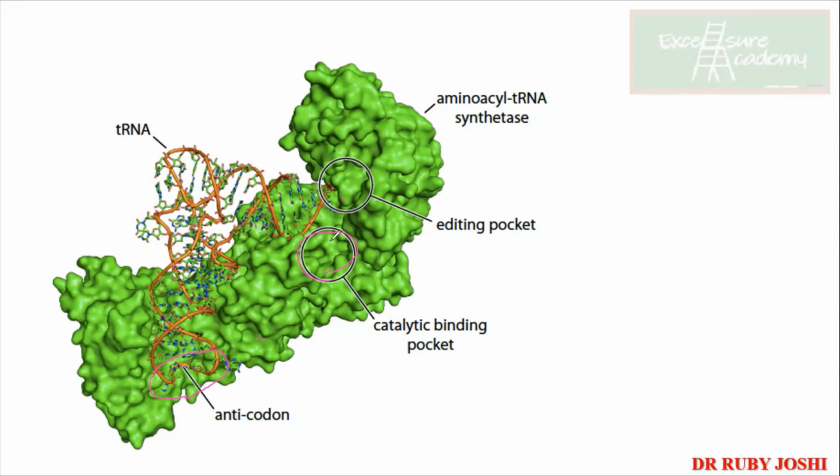If you look carefully at the structure, you can see that the acceptor arm is towards the inside of the aminoacyl tRNA synthetase, and the anticodon also, whereas the rest of the regions are towards the outside.